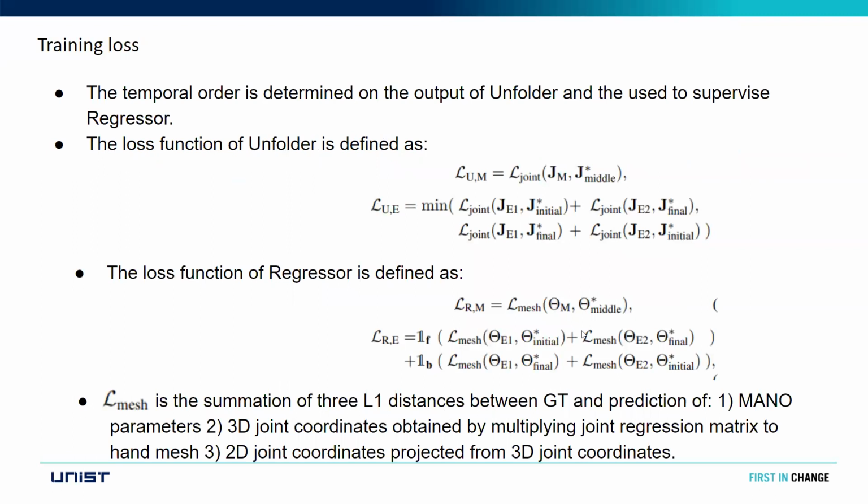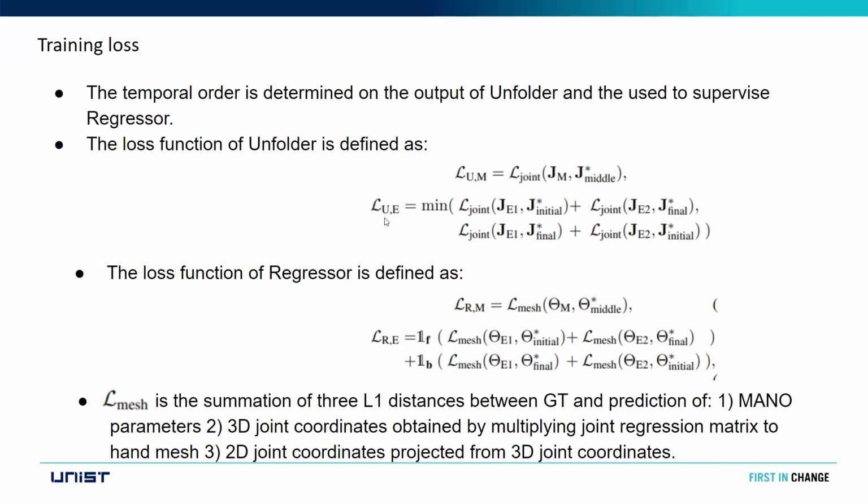Now, how is the training loss determined? First of all, the temporal order is determined on the output of the unfolder, and then this order is used to supervise the regressor. The loss function of the unfolder is defined as follows. For the middle ones, we don't need to care about the temporal order; we just compute the loss function as it is.